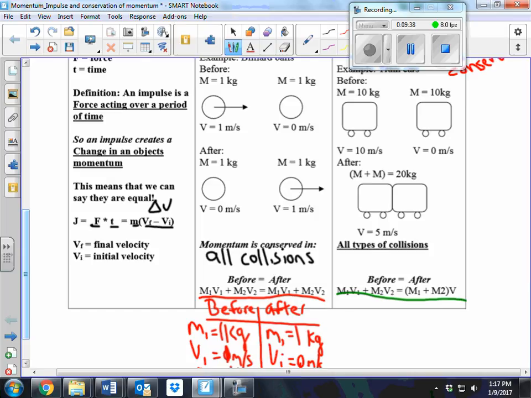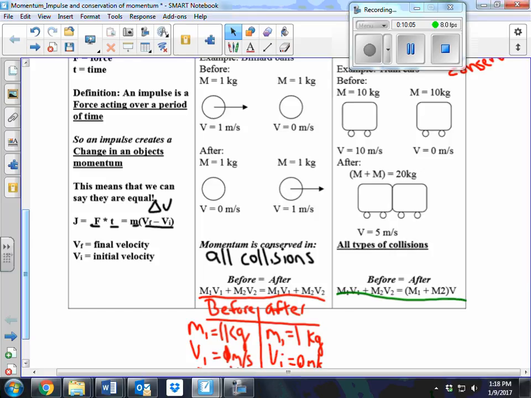If you were to separate them and do M1V1 plus M2V2, and it's the same mass, it will come out to the same answer. In this case, you do another T-chart, and you would say before it's 10 times 10 plus 10 times 0, and then equals after, it would be 10 plus 10, because they're both 10, is 20, and then I can figure out their velocity by plugging them in.